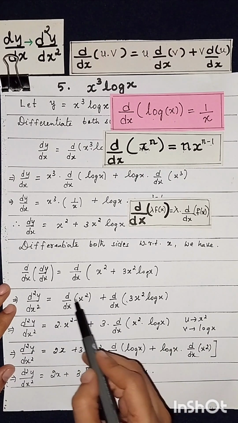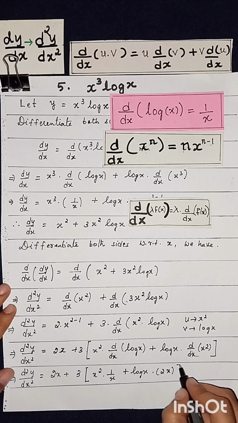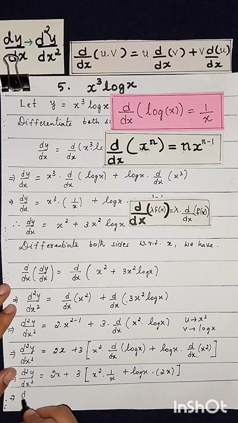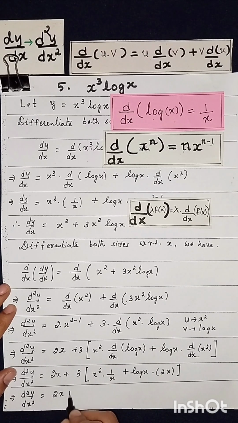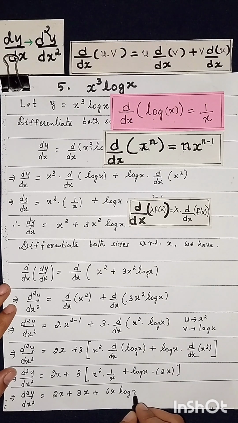So already we have solved here derivative of x square, which is 2x, right? Now this implies d square y by dx square is equal to 2x plus, now let us multiply 3 into x square by x, you will get 3x, plus again if you will multiply here, you will get 3 times 2 is 6, x log x.